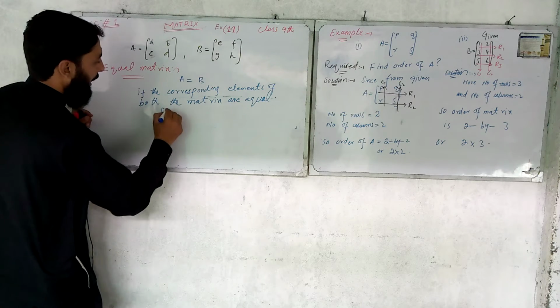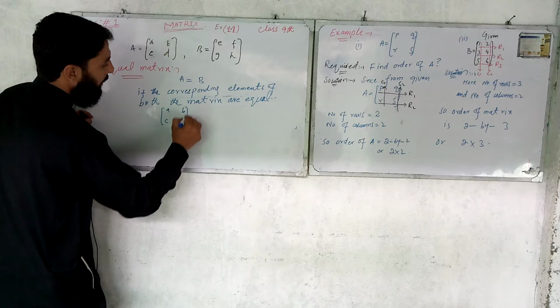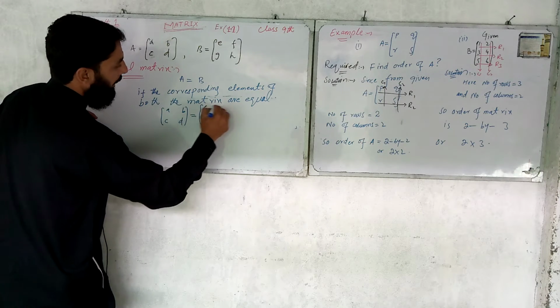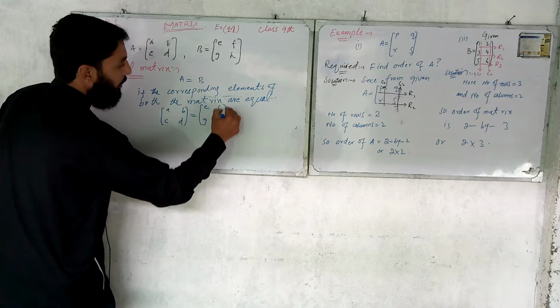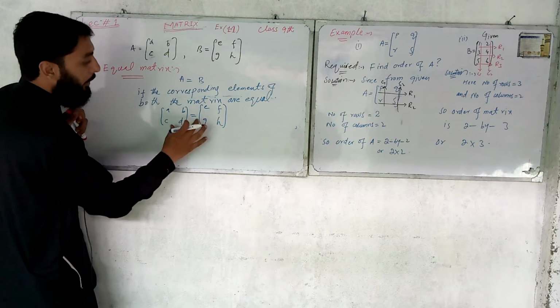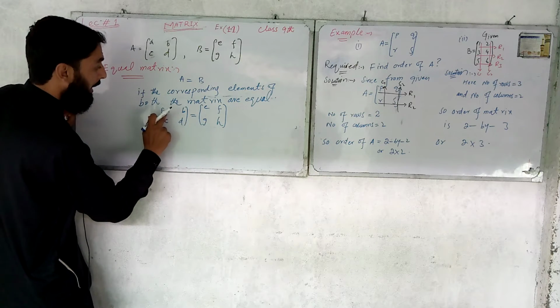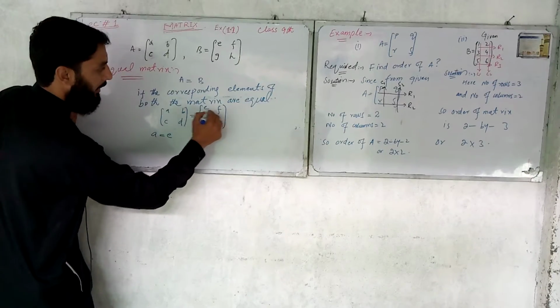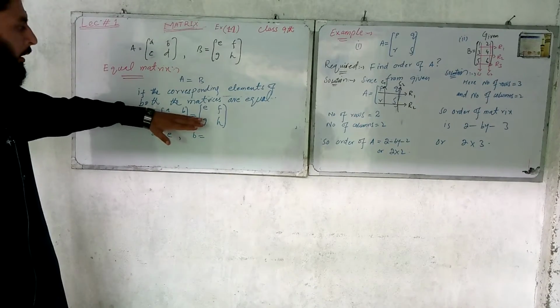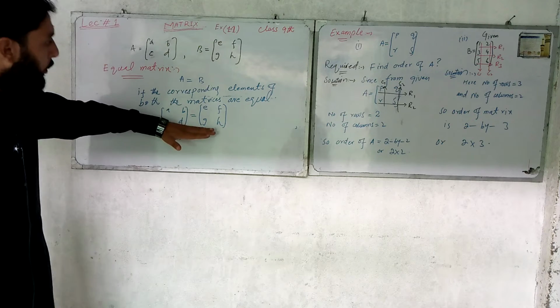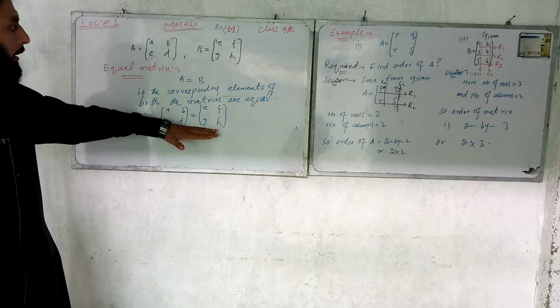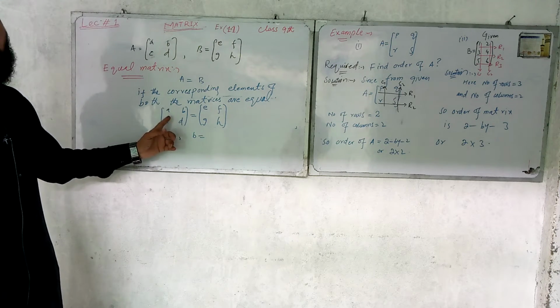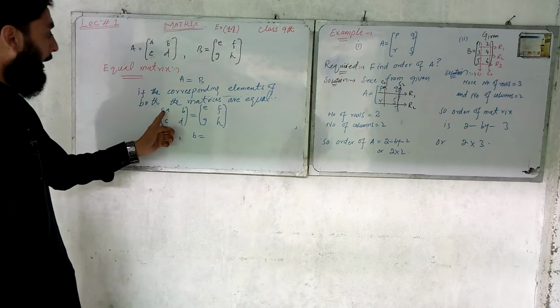Here we have A, B, C, D, and we say that this is equal to E, F, G, H. If these two matrices are equal, then the first element will be equal to the first element of the other matrix. So the corresponding elements will be equal.